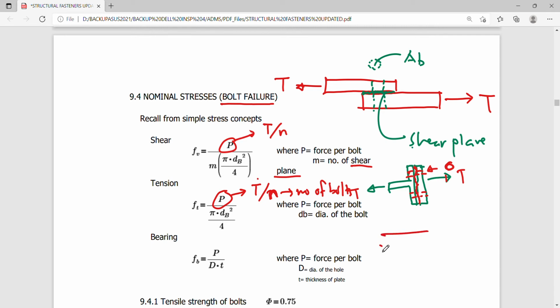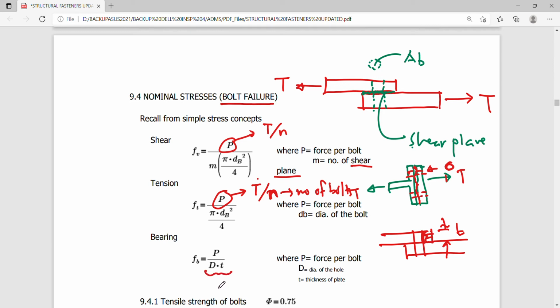We have two plates again. So this is your bolt. So the bearing pressure applied on that bolt will simply be equal to the thickness of the bolt times the diameter of the bolt. So it's a dt.